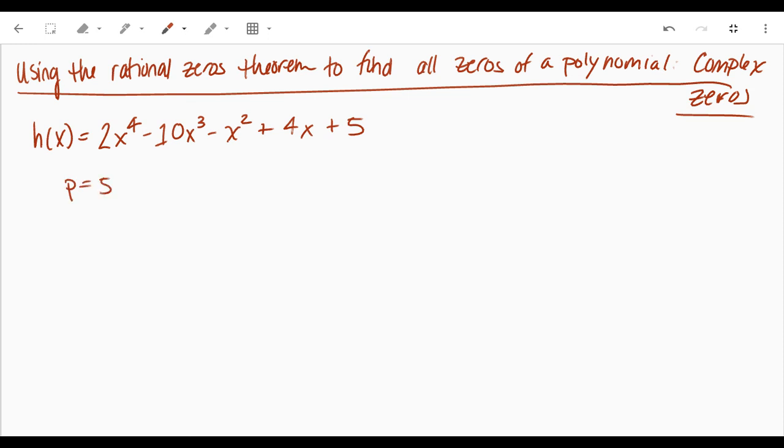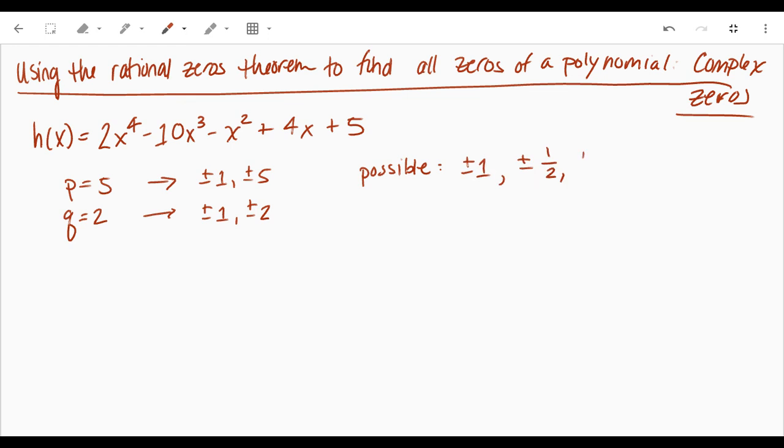So we're going to go through that same initial process. p is 5, q is 2, so that gives us plus or minus 1, plus or minus 5, plus or minus 1, plus or minus 2. So our possible zeros would be plus or minus 1 over 1, plus or minus 1 over 2, plus or minus 5 over 1, plus or minus 5 over 2.